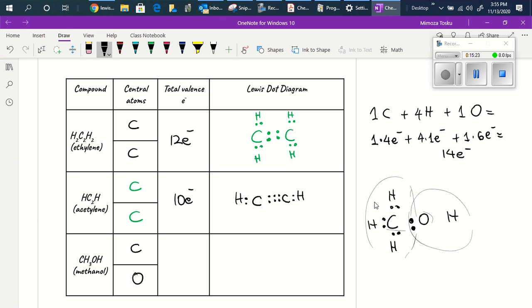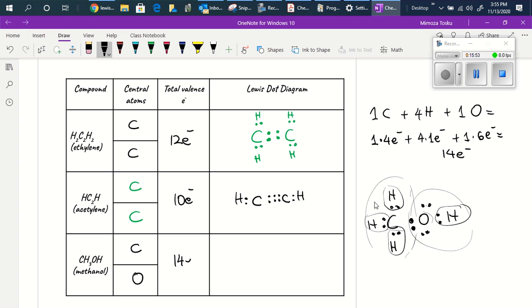Okay, and then 2, 4, 6, 8. Now we see that hydrogens are satisfied with 2 electrons, and then let's count now. 1, 2, 3, 4, 5, 6, 7, 8, 9, 10, 11, 12, 13, 14. Therefore, all of them are happy, and all of them have 8 electrons in the outer shell.